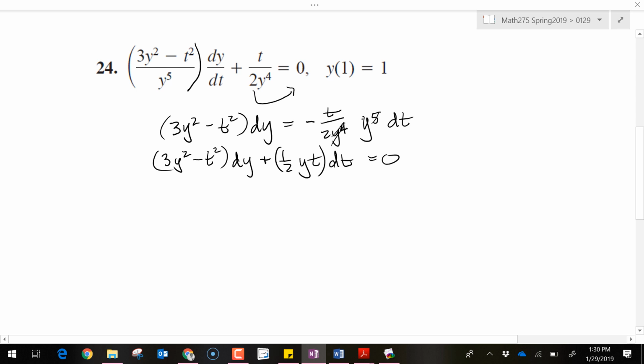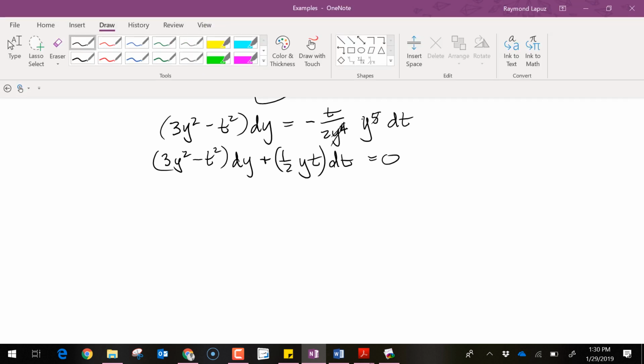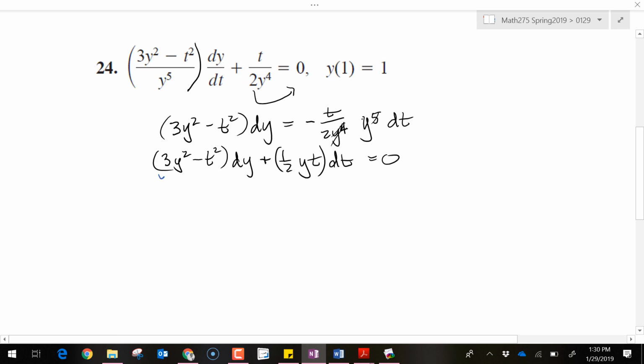So we'll do our usual checks. The x's and y's now became y's and t's, so let's be careful with that. This is some function, we can call it m, with the dy next to it. So we want the derivative of m to check if it's exact.